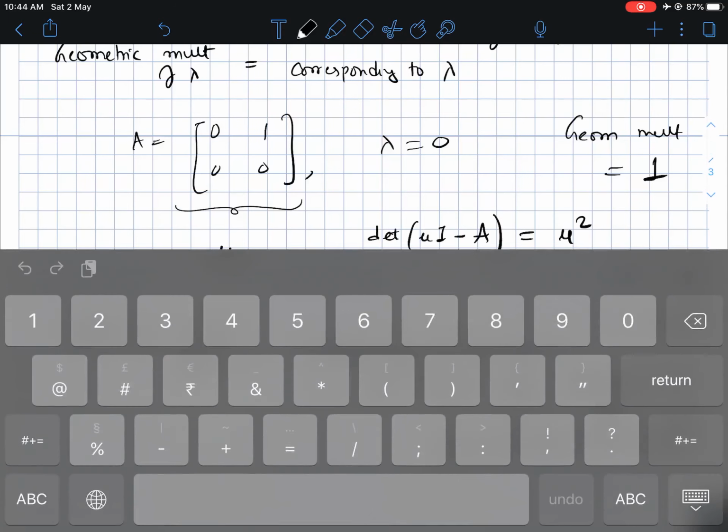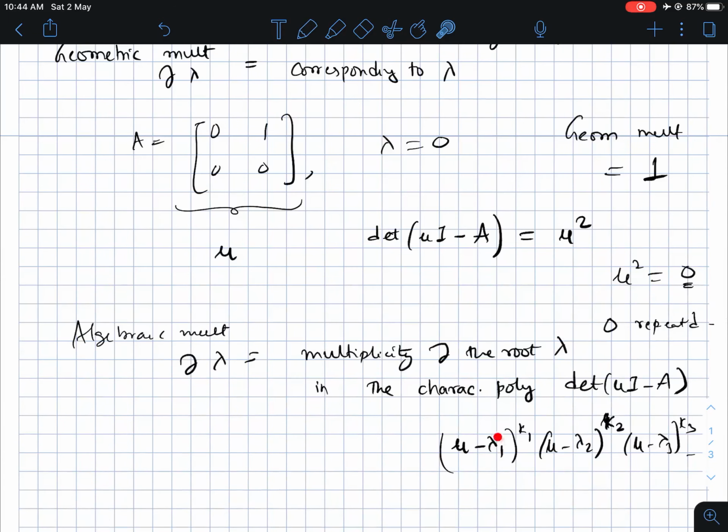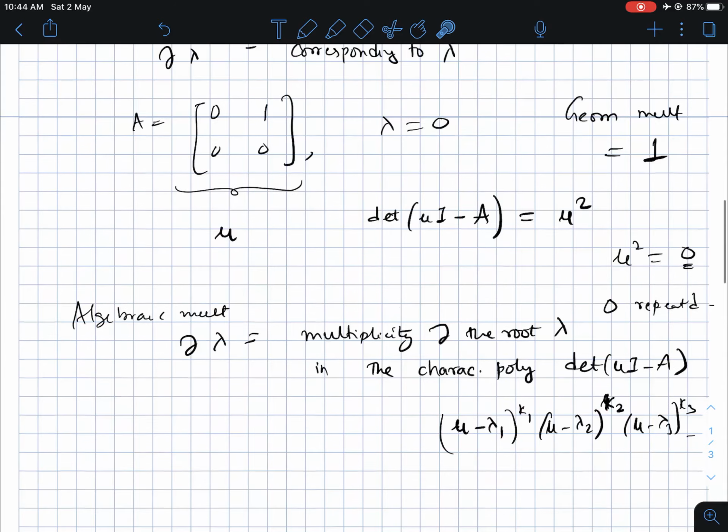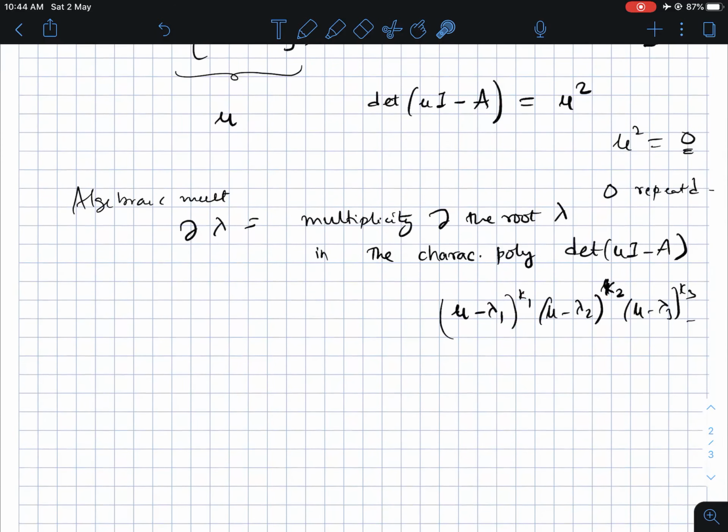Then lambda 1, lambda 2, lambda 3 are the roots of the polynomial, and the corresponding multiplicities are the powers k1, k2, k3. So root lambda 1 repeats k1 times, root lambda 2 repeats k2 times. These powers are called the algebraic multiplicities.